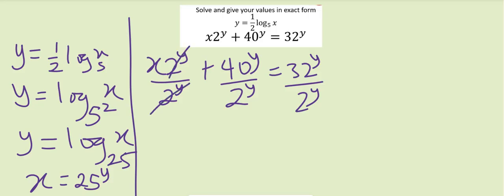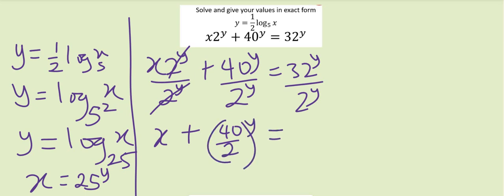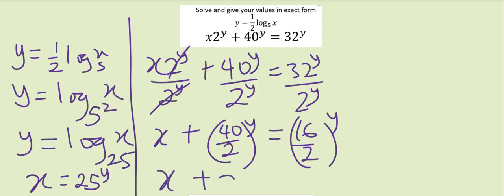This cancels this, I have x plus 40 over 2 to the power of y equals 16. Okay, let me just, I don't want to jump any step. 16 over 2 to the power of y. So I have x plus 20 to the power of y equal, okay, this should be 32, sorry, this should be 32 over 2, equals 16 to the power of y.